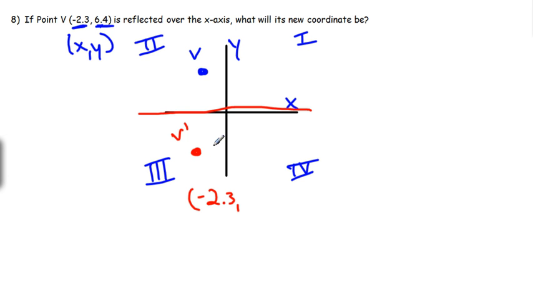Our point moved down. We're now down in the third quadrant. All the y values in quadrant 3 are negative. So 6.4 would have to become negative 6.4. So those are our new coordinates for point V. And there's your answer.